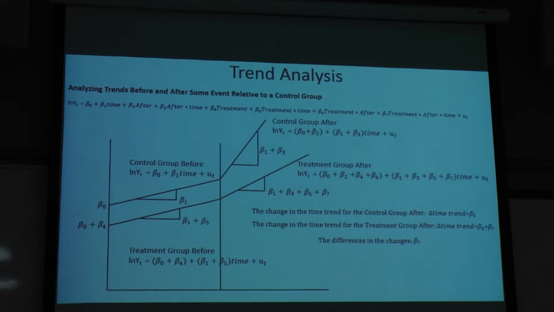This model is general enough so it'll handle any circumstance. Any of those situations, we'll be able to figure it out using this one model. This one test, this test of whether or not some event had an effect.